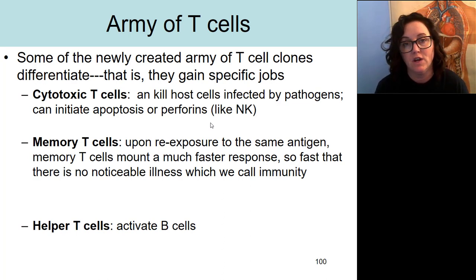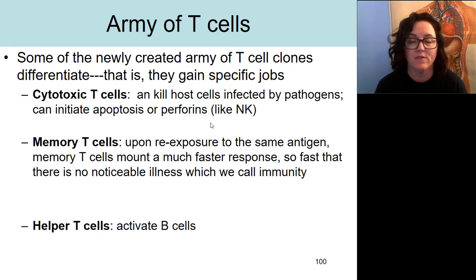Cytotoxic T cells are a type of T cell that is capable of killing self cells infected with pathogens. So if we have a viral infection or if there is some sort of pathogen that's in the body that's growing inside of cells, the cytotoxic T cells are very useful because what they can do is they can recognize self cells that are infected with this one specific pathogen and initiate apoptosis in that cell.